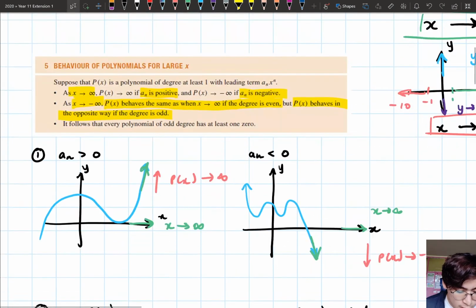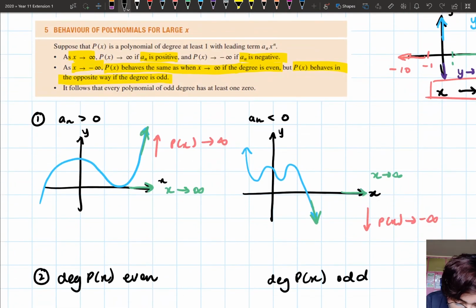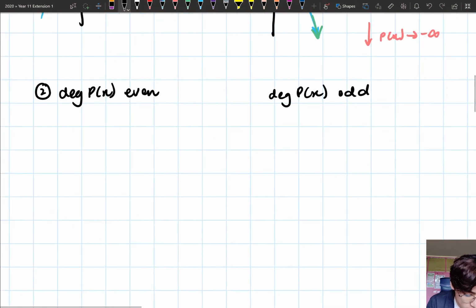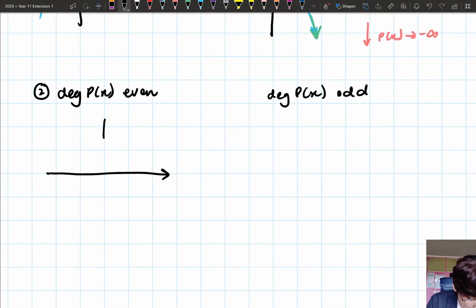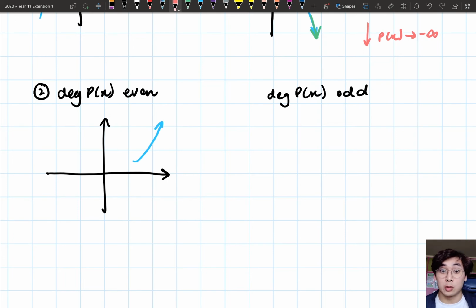Well, if you read here, if the degree of the polynomial is even, then p of x behaves the same way as when x goes to infinity. So let me draw this out. I'm going to draw two examples. So if p of x is even, as x goes to infinity, if the polynomial is going towards positive infinity, so we have as x goes to infinity, p of x goes towards infinity as well, then if it's even, it matches as well when x goes to negative infinity.